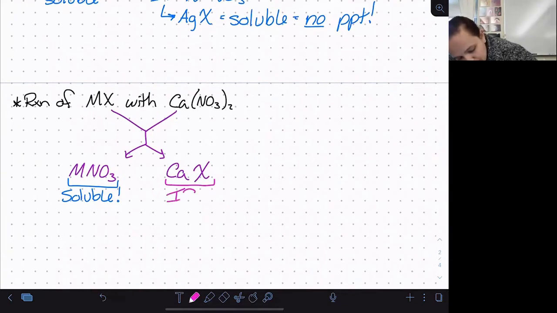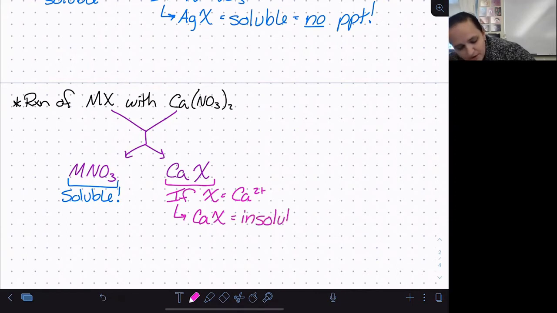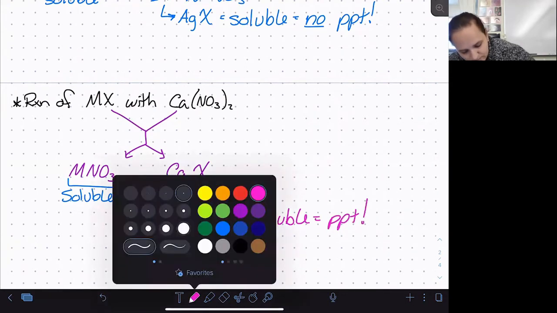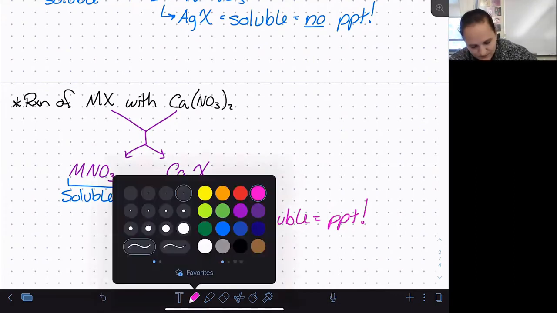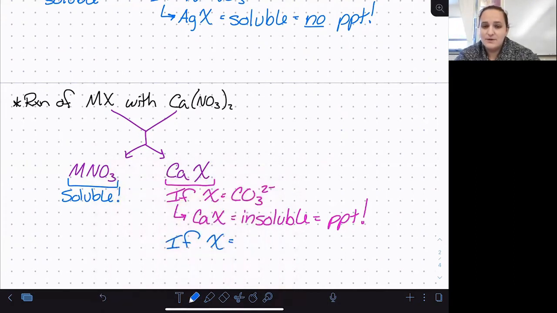So if our anion is carbonate, then this product would not be soluble in water. So we should see a precipitate. If X is carbonate, we would expect to see a precipitate because calcium paired with carbonate would not be soluble.